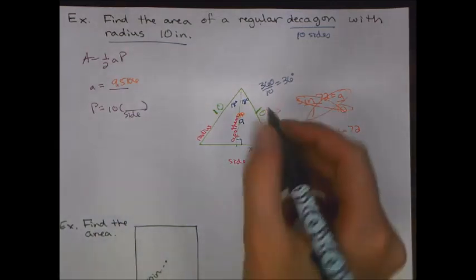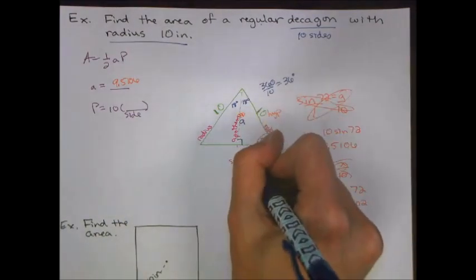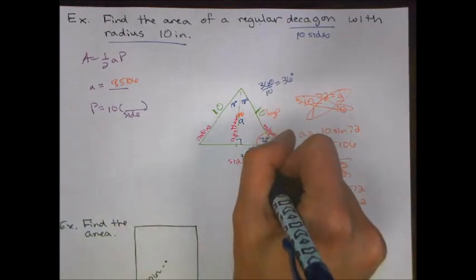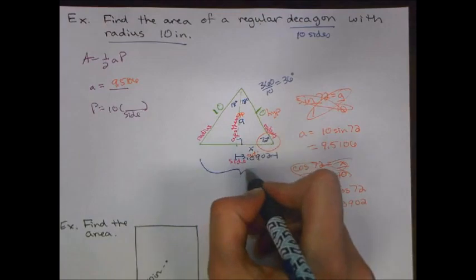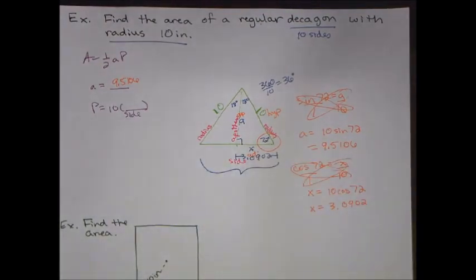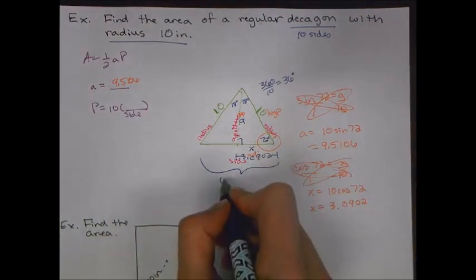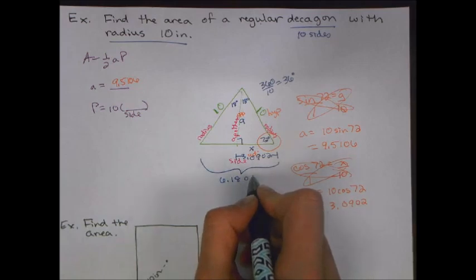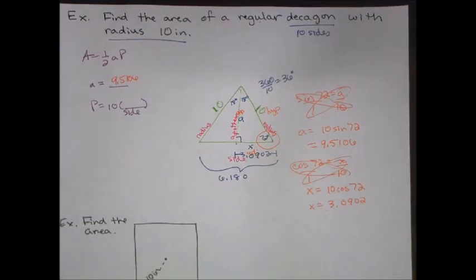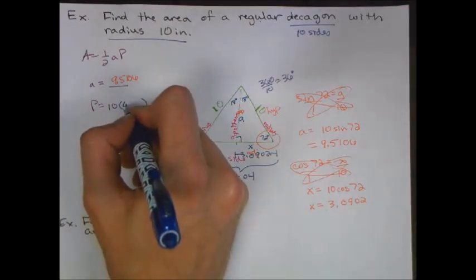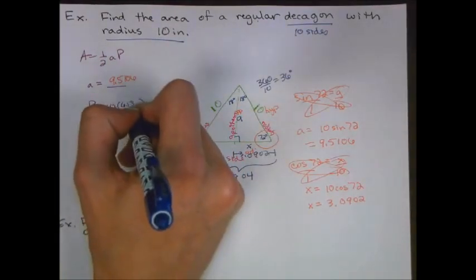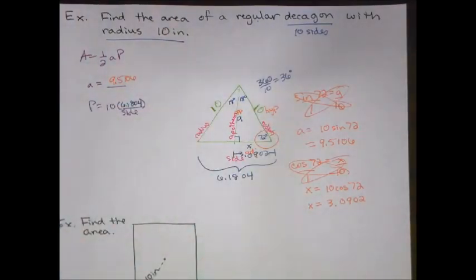But my x is just this piece, 3.0902. That's just this piece. So for a whole side, times that by 2, 6.1804. So our side is 6.1804.